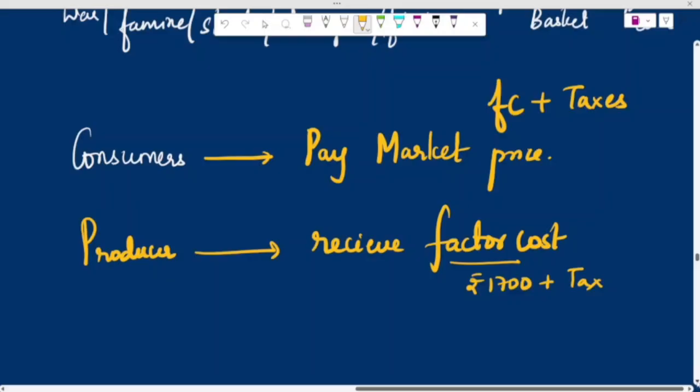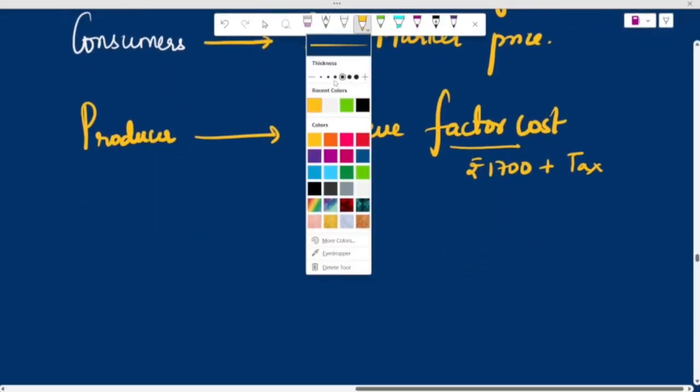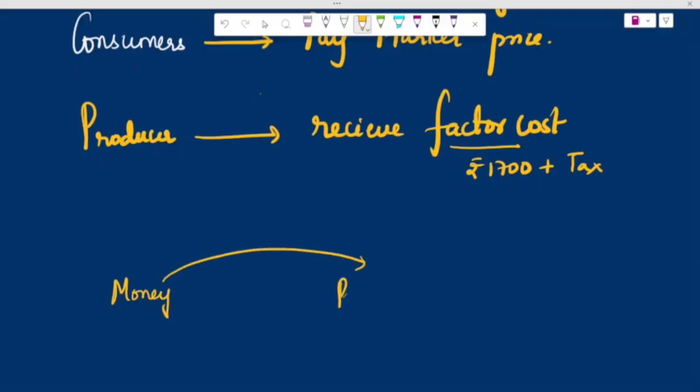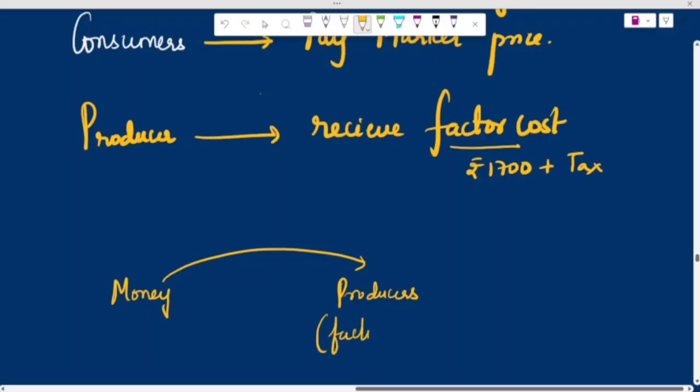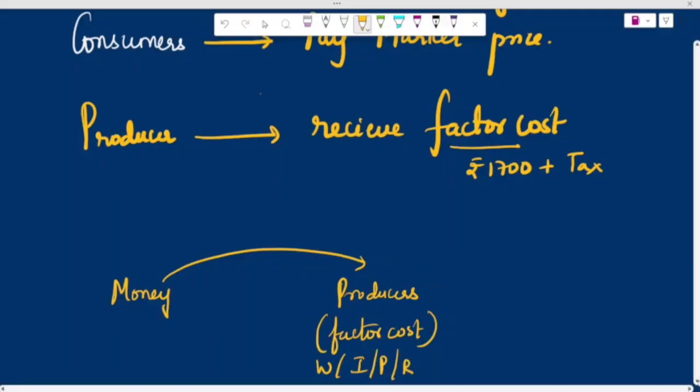So the producer will be receiving the factor cost and the consumer will be paying the market price. So the money utilized by producers is nothing but factor costs. They have to give wages, interest, profit, rent. Yes. So these are the factors of cost of production.